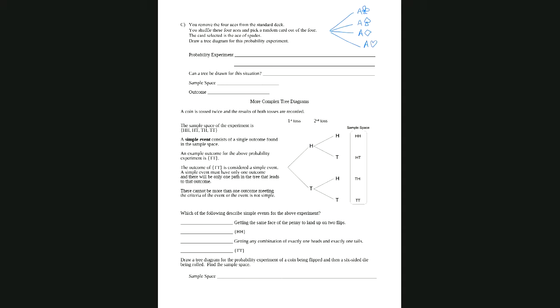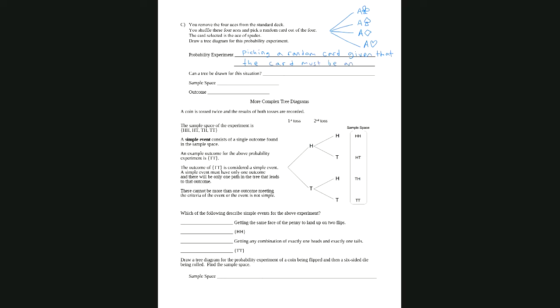So the probability experiment described is picking a random card given that the card must be an ace.